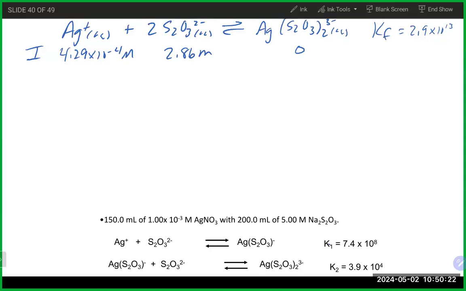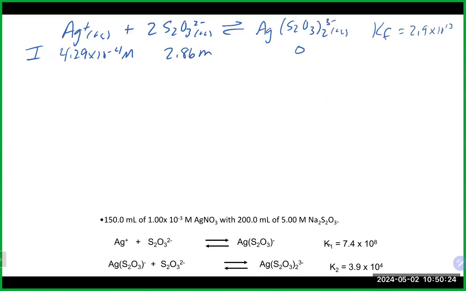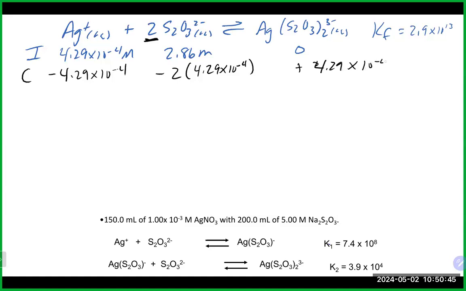So once again, I'm just going to use the numbers. This is going to be minus 4.29 times 10 to the minus 4. This will be minus 2 times 4.29 times 10 to the minus 4. A reminder again, you have to take that 2 into account for the stoichiometry. This will be plus 4.29 times 10 to the minus 4.